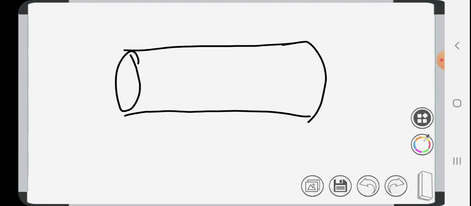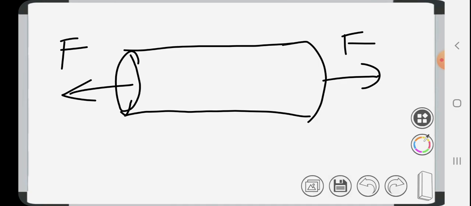No complex loading. Suppose this is a rod of uniform cross section. This is a tensile force F of magnitude F. So this type of loading is a uniaxial loading on a very simple rod. Simple rod in the sense it is having a uniform cross section.